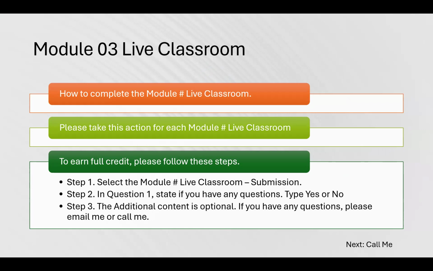Select the module Live Classroom. In question 1, state if you have any questions. You can answer that with a mere yes or no. And finally, step 3, the additional content is optional. If you have any questions, please email me or call me.